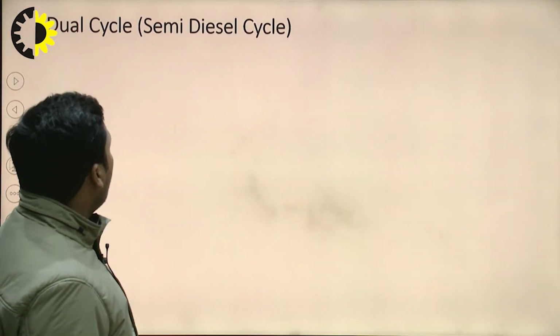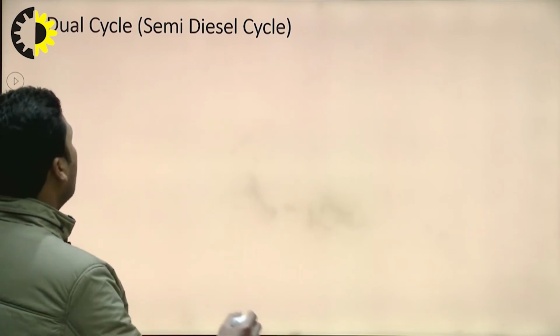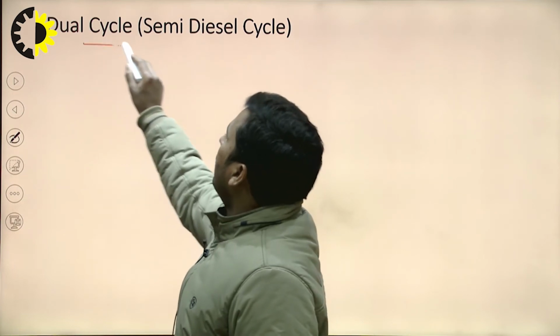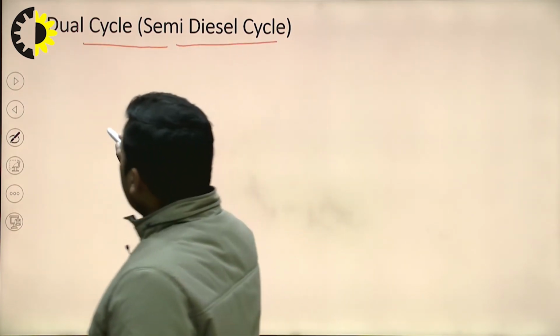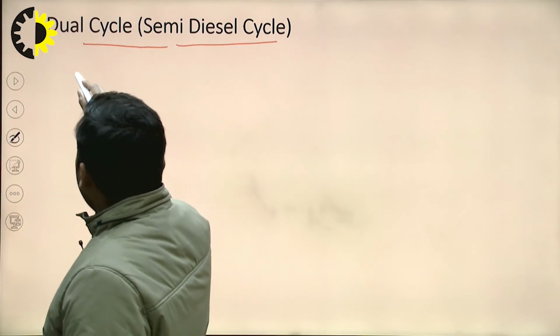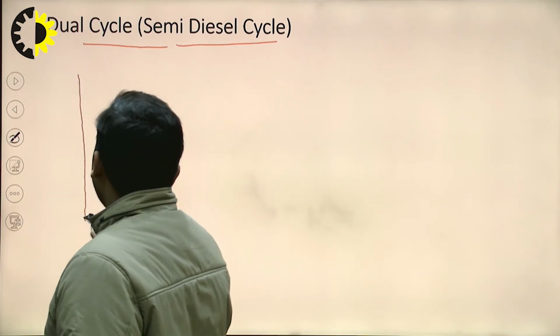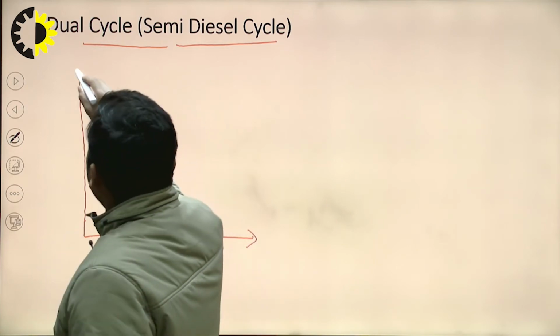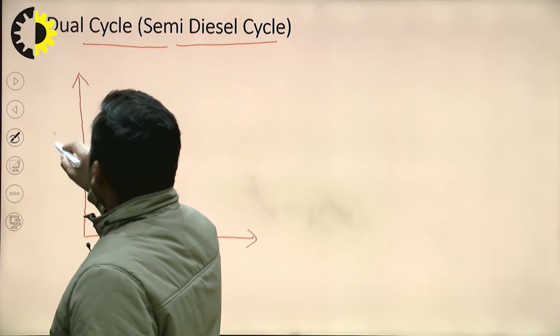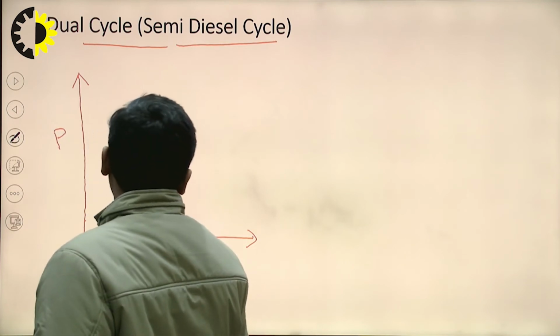So the next topic is the dual combustion cycle or semi diesel cycle. In case of dual combustion cycle, as its name suggests, it has the properties of both Otto cycle and diesel cycle. So that's why it is known as dual combustion cycle.